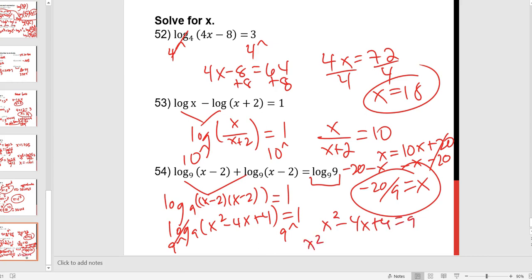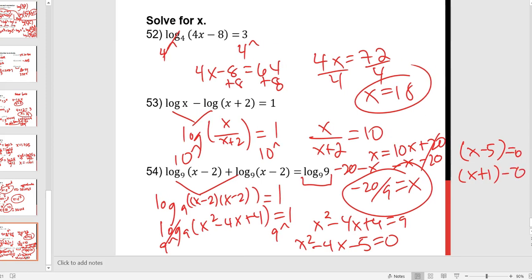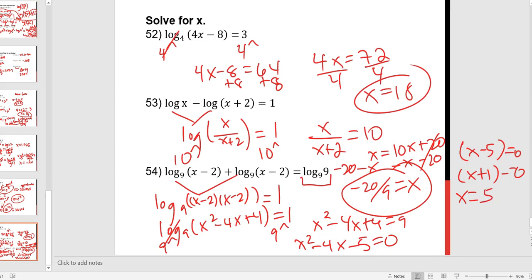Subtracting the 9, x squared minus 4x minus 5 equals 0. Factoring this, x minus 5, x plus 1, each one set equal to 0, so that x is equal to 5 and x is equal to negative 1. In this situation, we cannot have a negative. That would be extraneous. So our answer is just the 5.